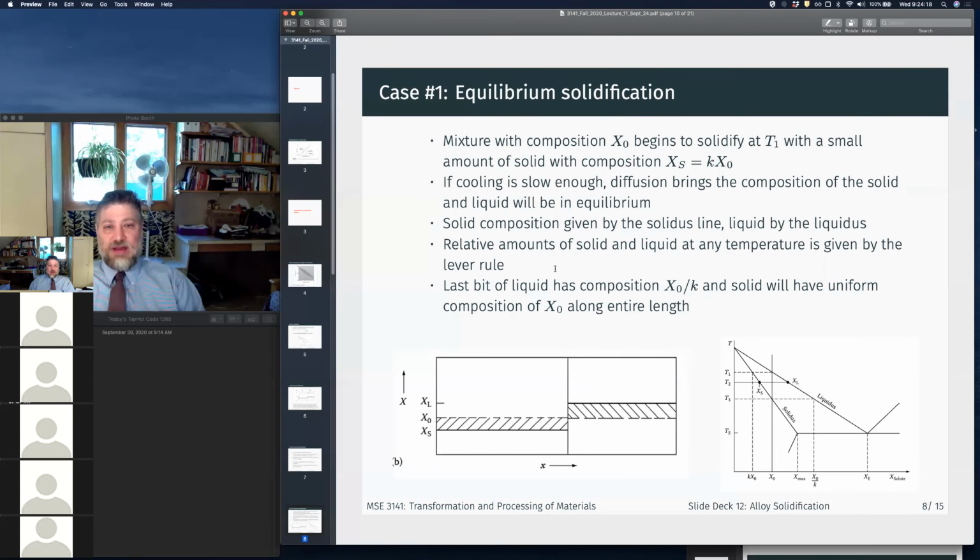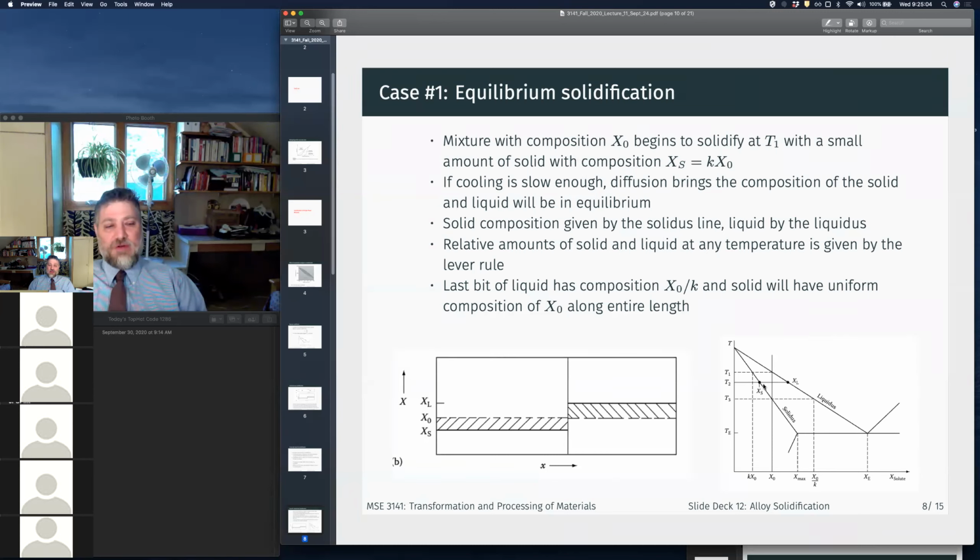Okay, so if we think about what happens during equilibrium solidification, I'm going to say it again, this is review, right? We start at X naught, we cool down until we hit the liquidus line. Then the first solid that forms is going to have a composition given by our partition coefficient K times our alloy composition. The remainder of our liquid, because this is an infinitesimally small nucleus compared to the size of the bar, still has composition X naught.